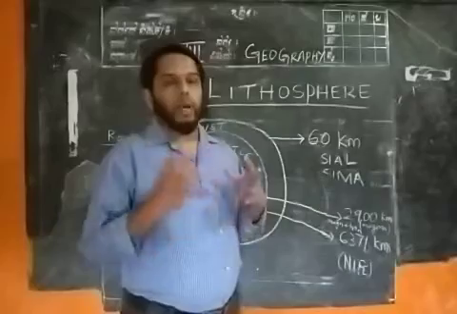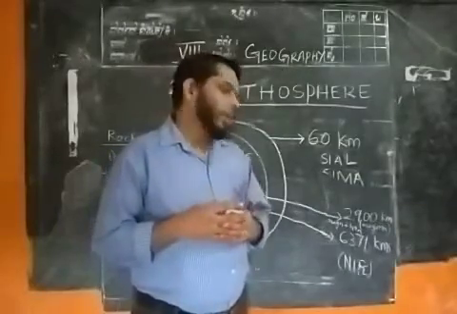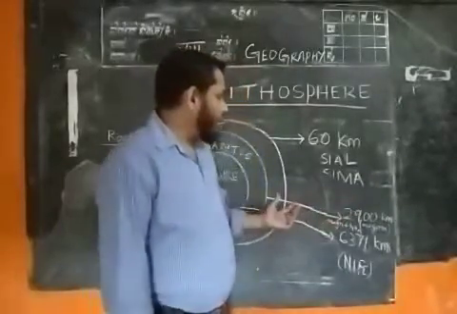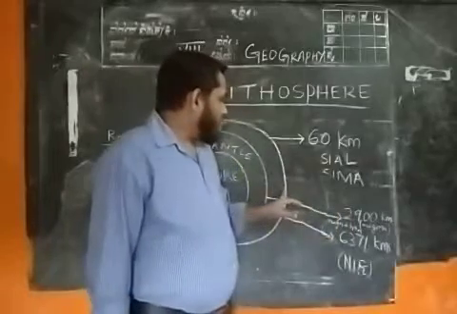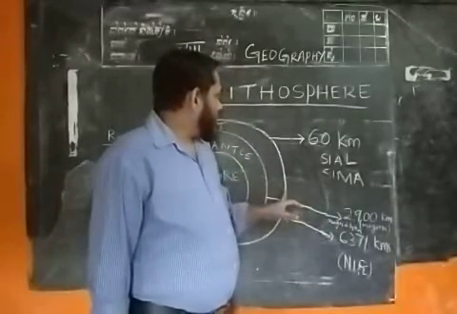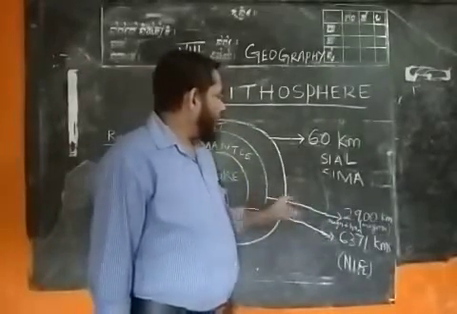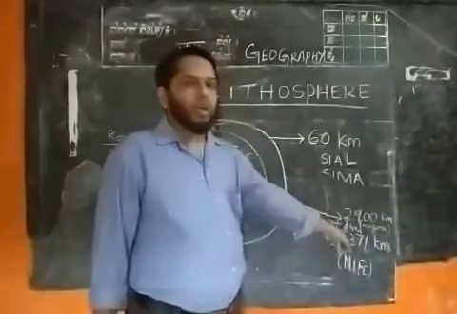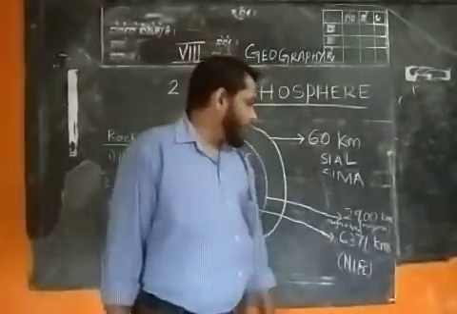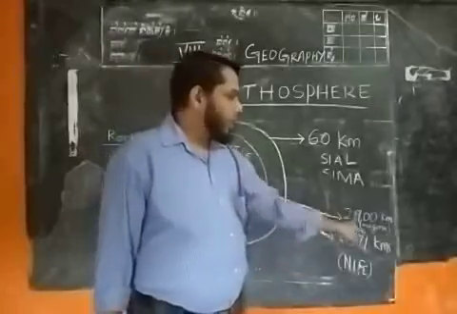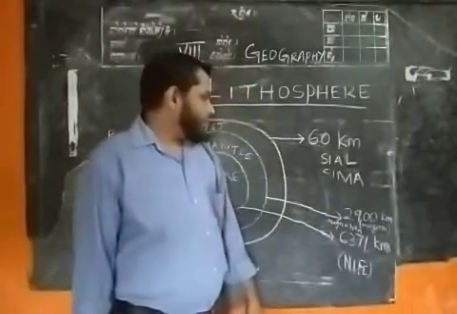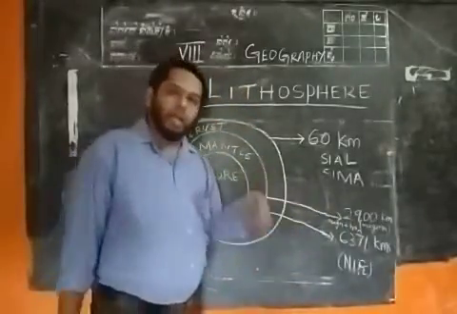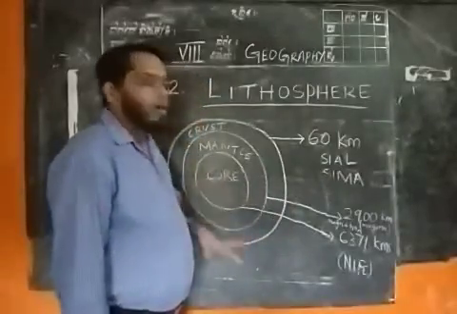Magma contains magnesium and iron. Its depth is from the beginning of the mantle to the interior part, 2,900 kilometers.